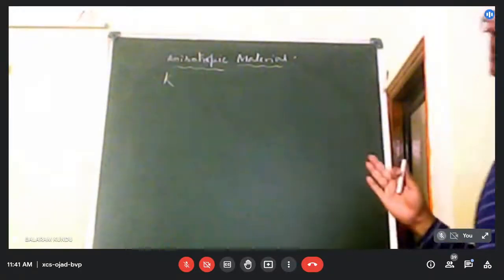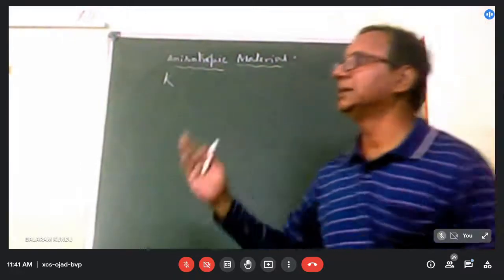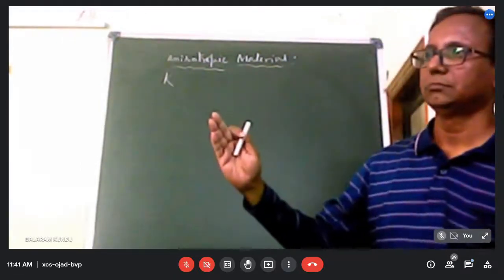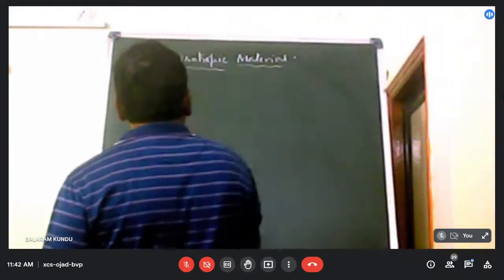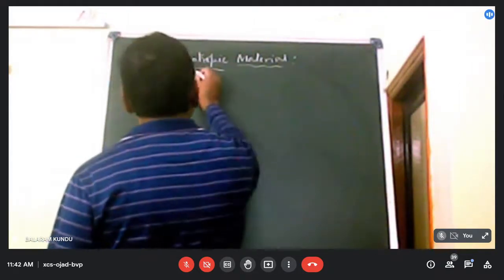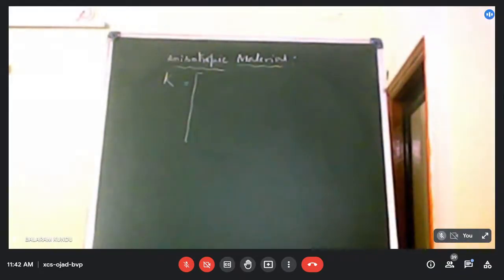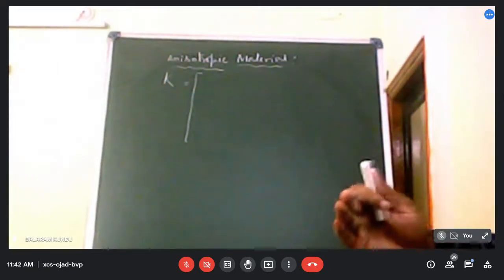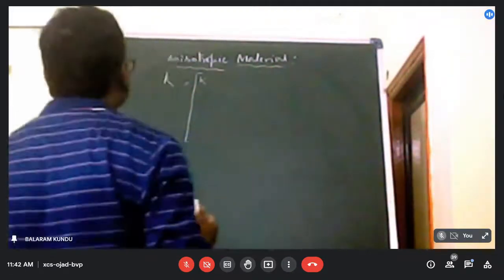Nine components are there. For anisotropic material, this thermal conductivity has nine components. Generally, this K can be expressed in a matrix form. It is a second order tensor, and two suffixes are there, like stress. So generally, K is expressed in this way.